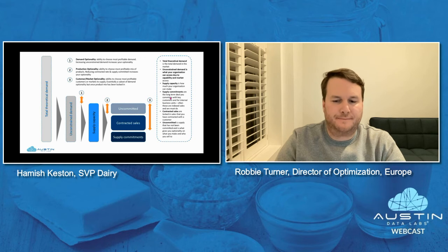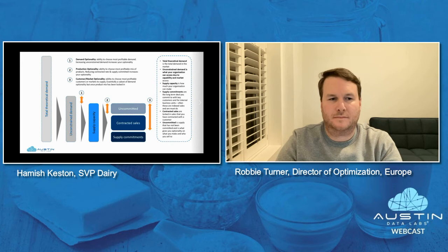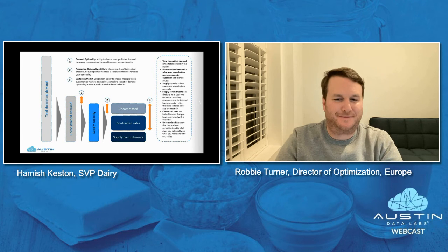So that's how I like to think about it. There's also some definitions down here on the right that people have had a chance to read during the talk, and I'll probably also look to put this up on our website. So that's it from me, Robbie.